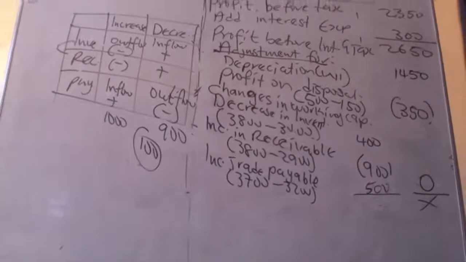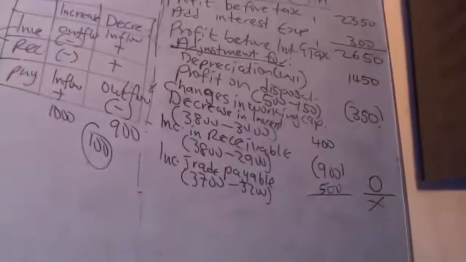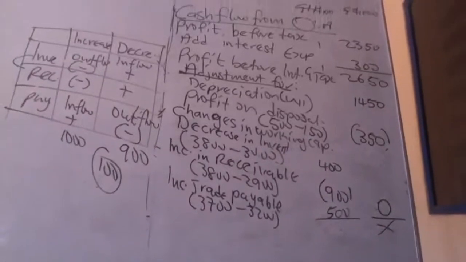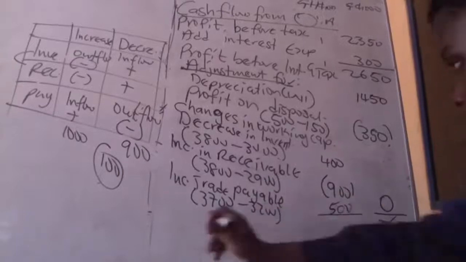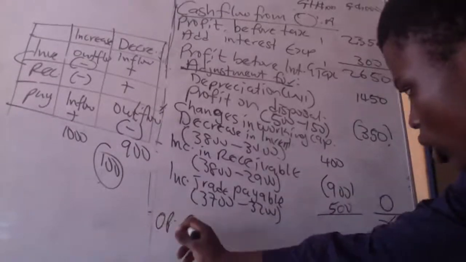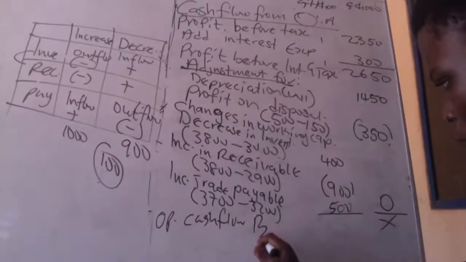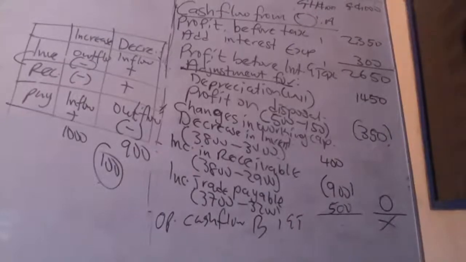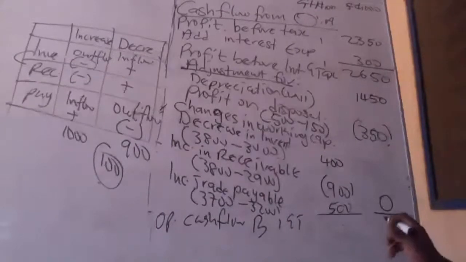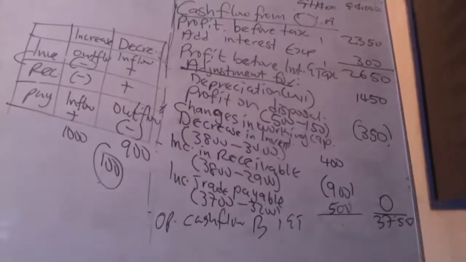So what do you get? That's operating cash flow before interest and tax. No shortcut on exams. 3750. Okay, I'll take that. Now let's move on.